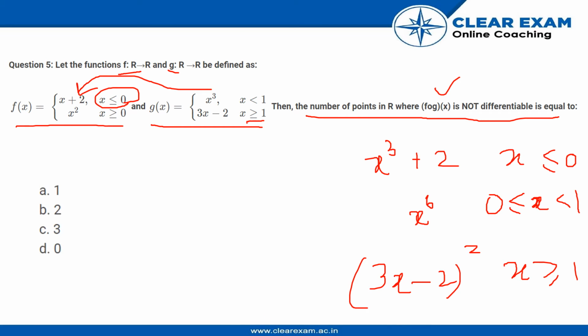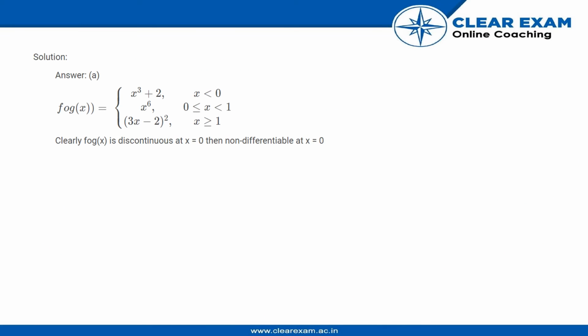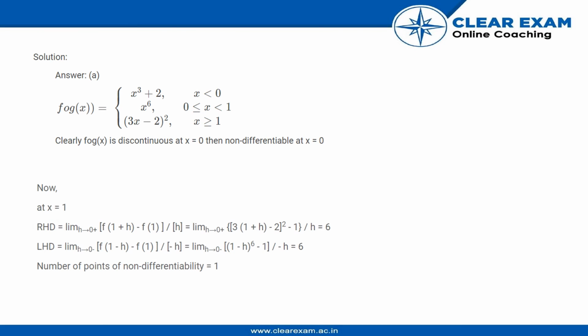Once we have all these ranges, we need to find which part is not differentiable, so we need to differentiate it. To check the differentiability, we can say that f of g of x is discontinuous at x equal to 0. If we put x equal to 0 in both cases, we get 2 on the left hand side and 0 on the right hand side, so it is discontinuous at x equal to 0.